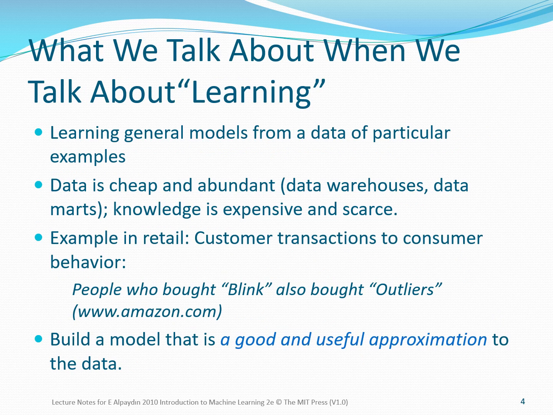So, what exactly do we talk about when we talk about learning? Learning general models from data of particular examples. Data is cheap and abundant from data warehouses, data marts, etc., whereas knowledge is expensive and scarce.